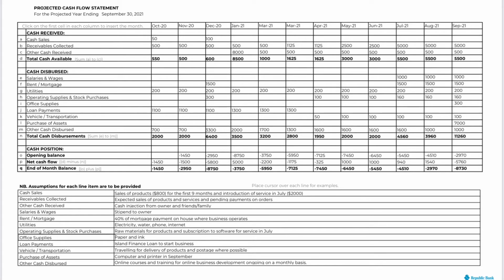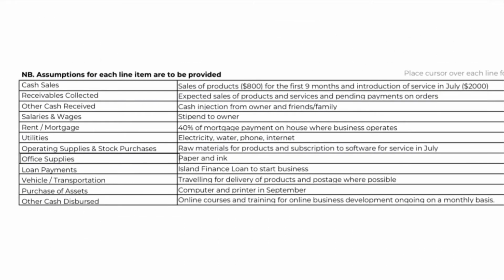So if you look at the template here, on the bottom there's a guide detailing all the line items used in the projected cash flow above, and each sheet covers an entire year. The bank usually wants 3 years of a projected cash flow, so that would be 3 individual sheets, one for each year, right?